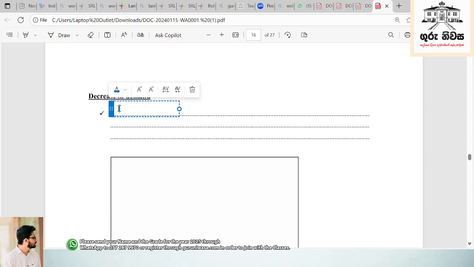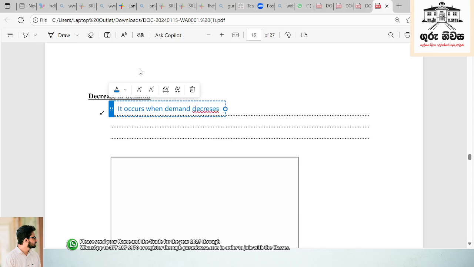Write down, it happens, it occurs when demand decreases.